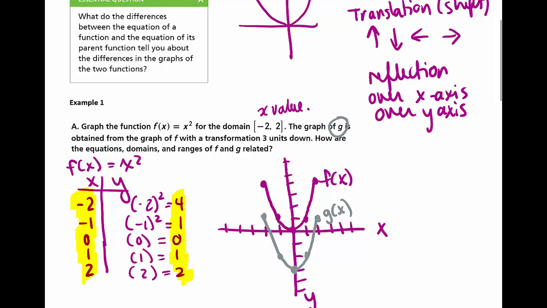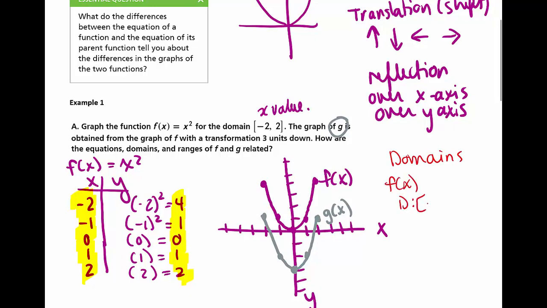How are the equations, domains, and ranges related between the two functions? So I'm going to start with the domains and ranges and come back to the equation because we don't actually have an equation yet. So if we look at the domains, let's start with f.